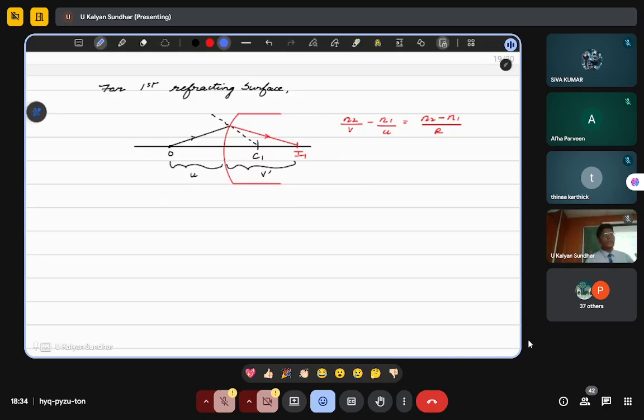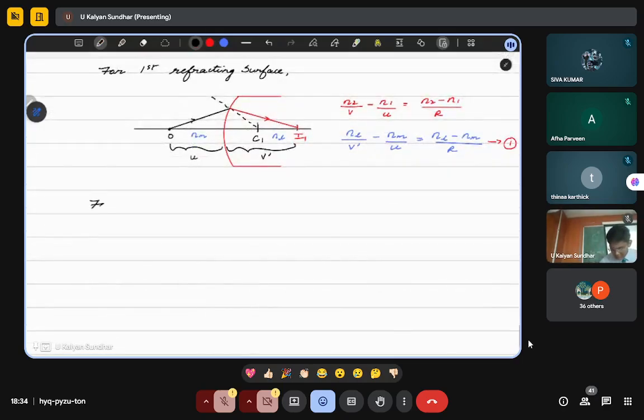First surface na N2 இப்ப யாரு? This is your NM medium and this is your NL medium, lens. Correct? So how will you write it? NL divided by V dash minus NM divided by U, which will be equal to NL minus NM divided by R value. So let it be the first equation.